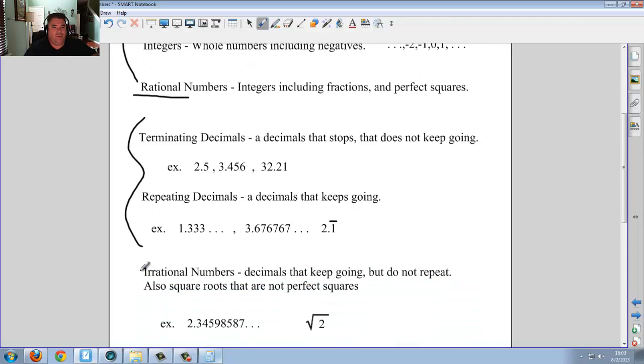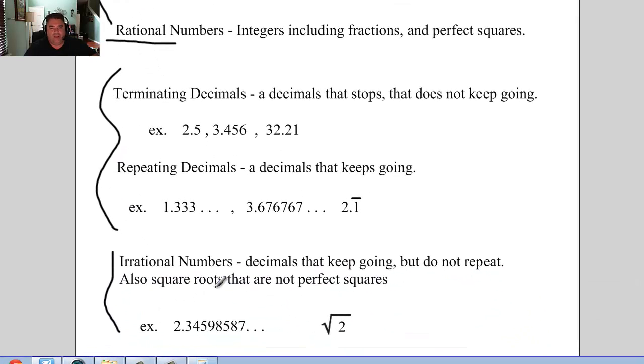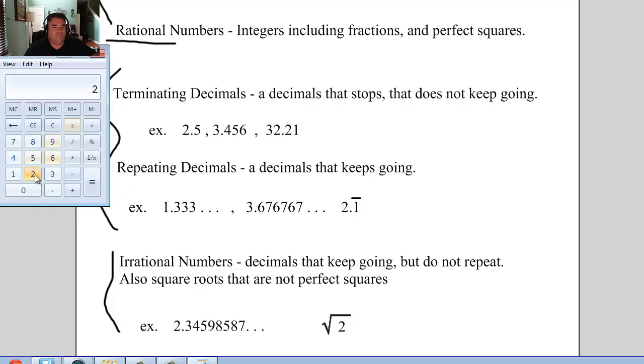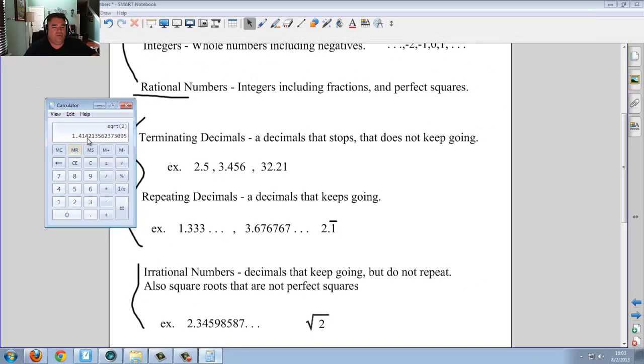The other type are irrational numbers, and irrational numbers are simply decimals that keep going but don't repeat. Like 2.345985887. You don't know what the next number is going to be. Also, irrational numbers are square roots that are not perfect squares, because if you rooted 2, as we can do right here, notice that this goes on forever without being in a pattern.